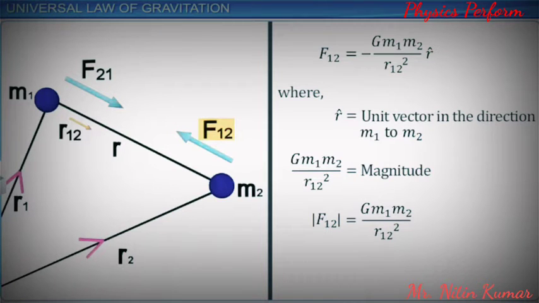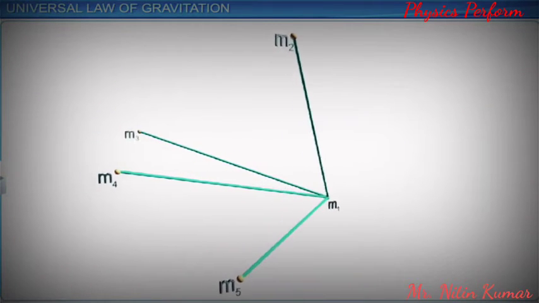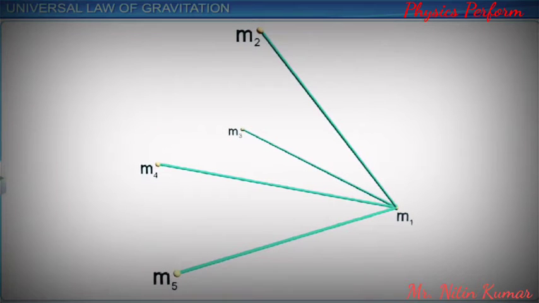Now, let's consider a system with more than 2 point masses, say M1, M2, M3, M4 and M5, placed at different positions in space. In this case, the net gravitational pull exerted on a single mass, say M1, is the vector sum of the gravitational pull forces of all the other 4 masses on M1.